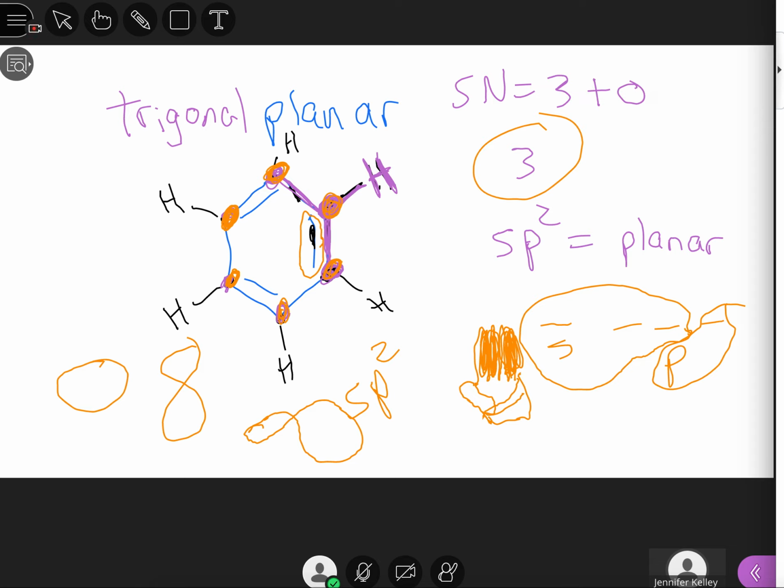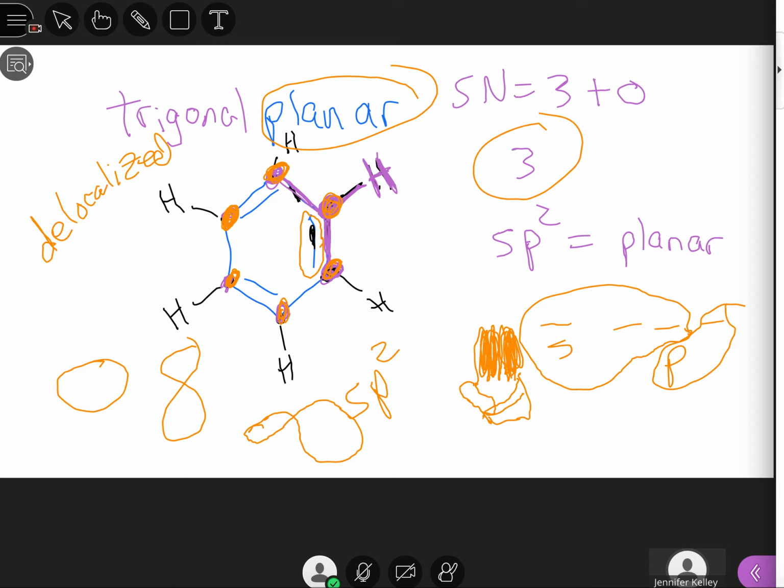Okay, so it has to be planar to be aromatic. Another thing is it has to have delocalized electrons. And to be delocalized, generally what you're going to see is single, double, single, double.